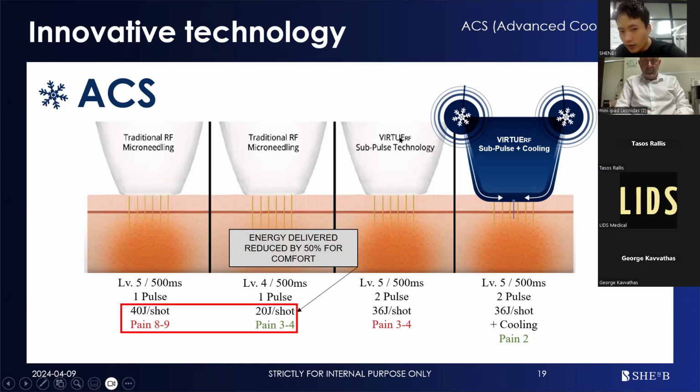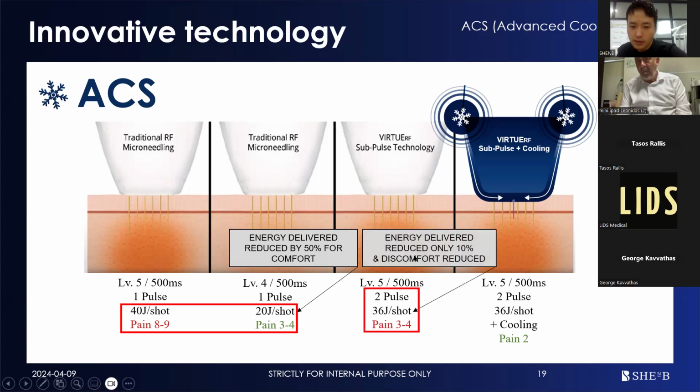But VirtuRF, since we have the sub-pulse system, even at the same level 5, if we just split the pulse into 2, only 2, not 10, the total energy output per shot only drops 10%, to 36 joules, which means that we still can deliver sufficient RF output. But we can see that the pain level has dropped dramatically, as if we had used just level 1 down.